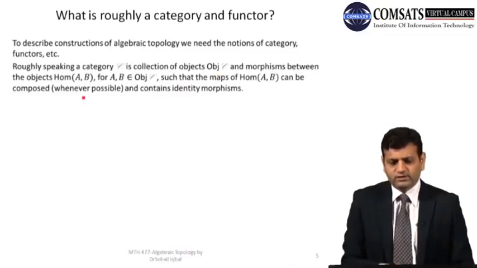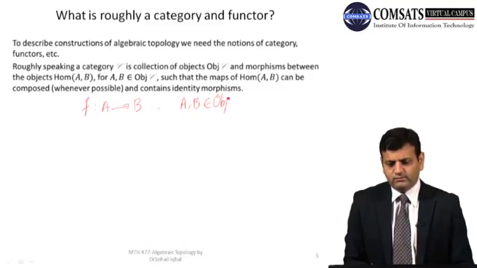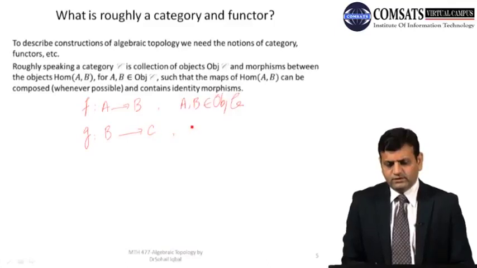For example, if I have a function from A to B, where A and B are of course objects of the category, and if I have another map from B to C, and B and C are objects of the category, then I should be able to define composition.